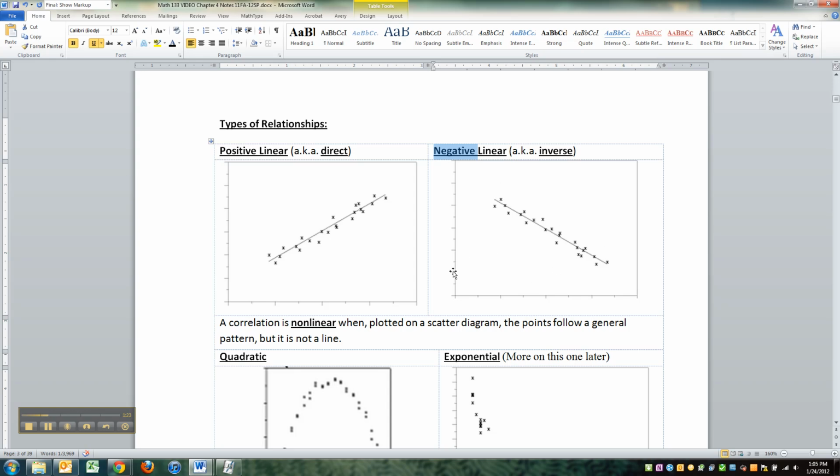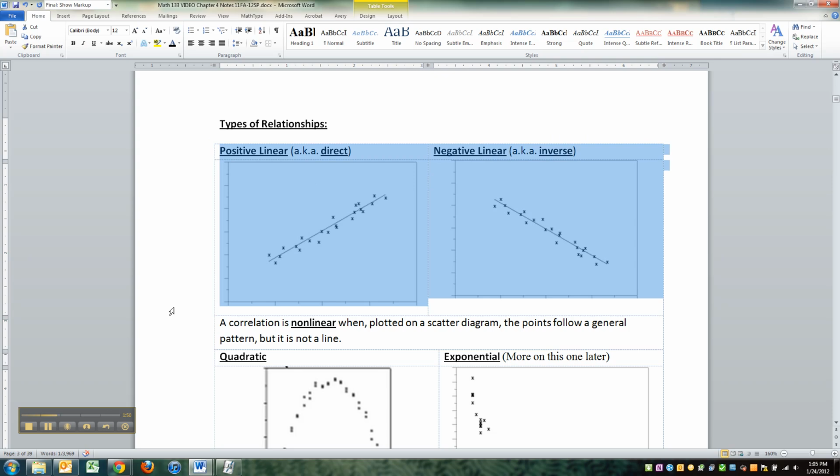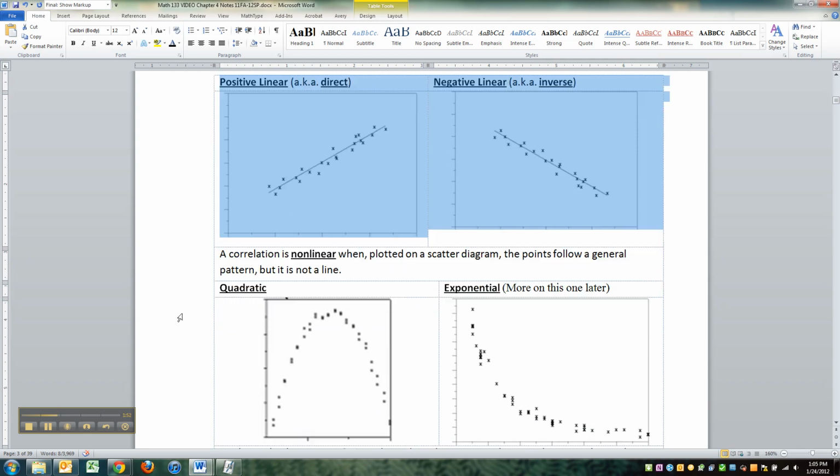So, for example, as money in a country increases, birth mortalities, babies dying at birth, tends to go down. Wealthier countries tend to have very few problems with women and mothers and babies dying during labor, whereas poorer countries have big problems with that. Okay, that's called an inverse relationship. Right? These two in particular are what we're really focusing on for chapter 4.